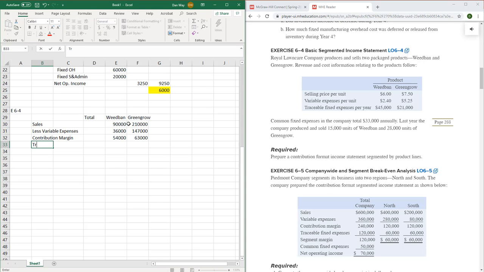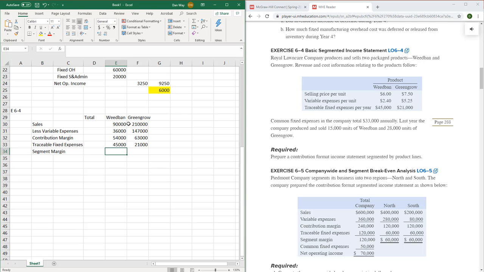Next up, we would deduct the traceable fixed expenses. For the Weed Ban, we were told that was 45,000. For the Green Grow, just 21,000. So contribution margin minus traceable fixed expenses is equal to our segment margin.